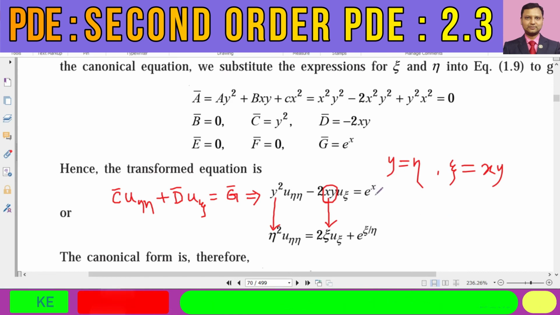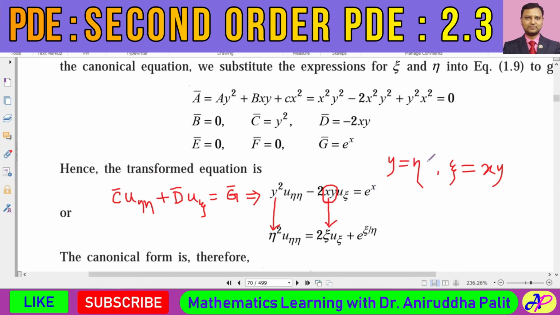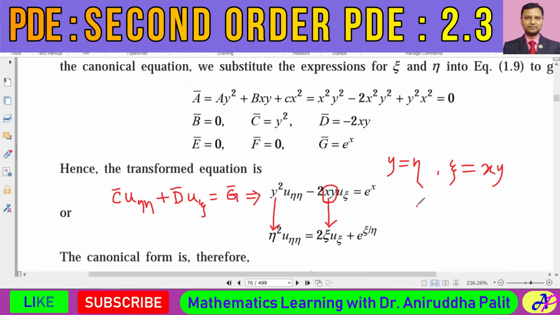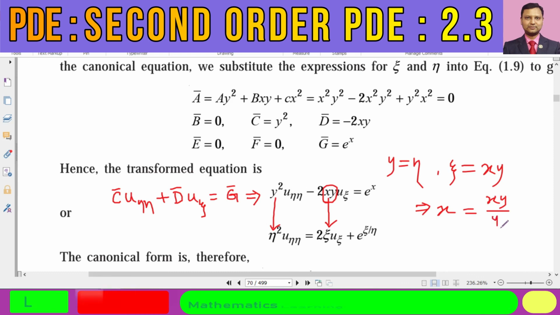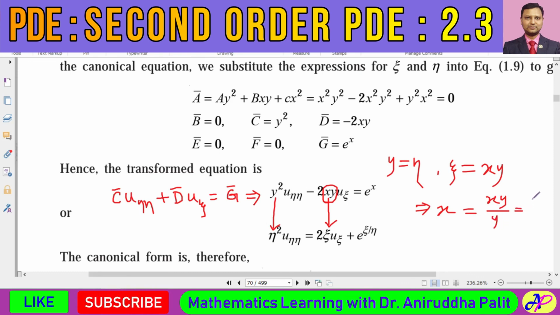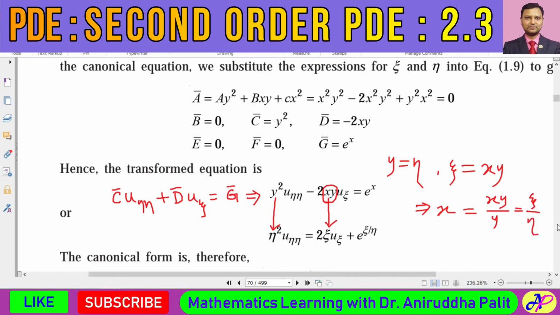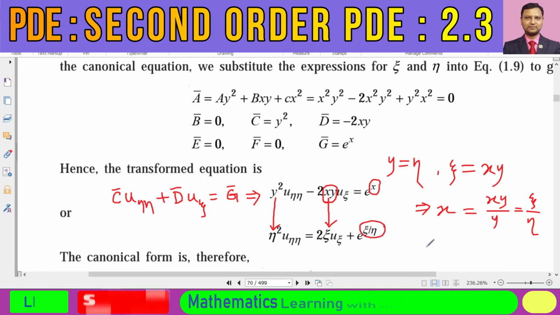All right, and e to the power of x, if y is equal to eta and xi is equal to xy, so from this relation we can say that x would be equal to xy divided by y. Therefore x would be equal to xi divided by eta. So that's why in place of this x we have the expression xi by eta.